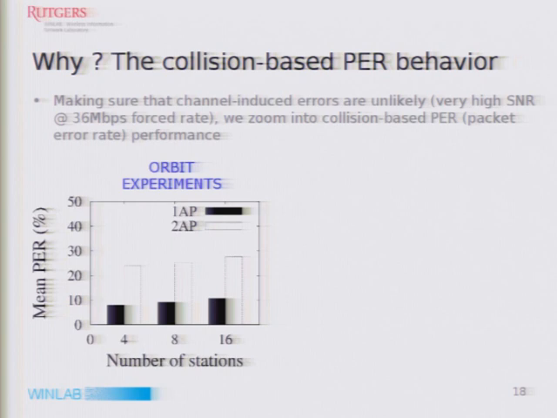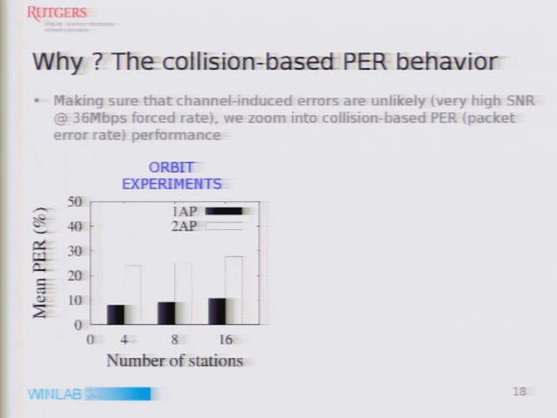Once you have the second access point, it climbs to 23%, and it keeps it at that again, no matter how many stations you have. So if you look at a model like Bianchi's, it will tell you, okay, give me the number of backlogged stations, and I will give you the corresponding collision rate.